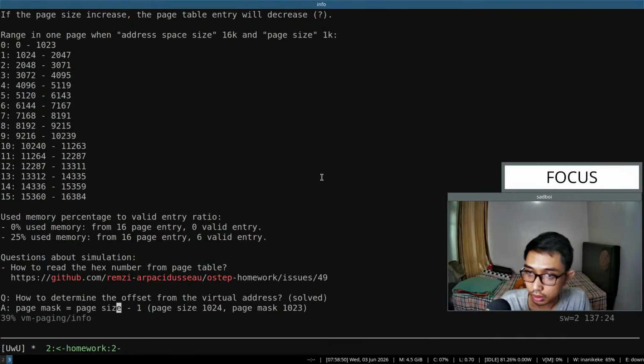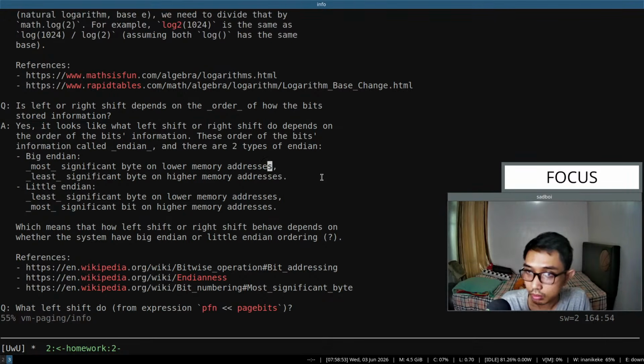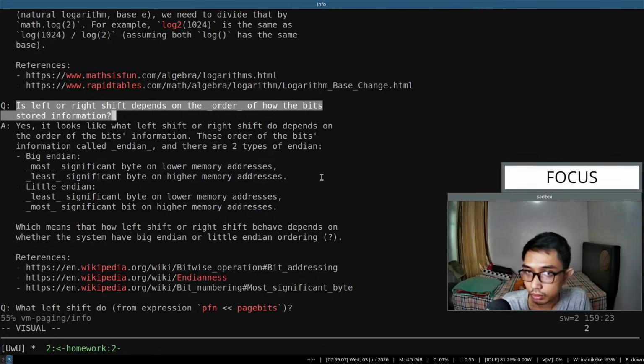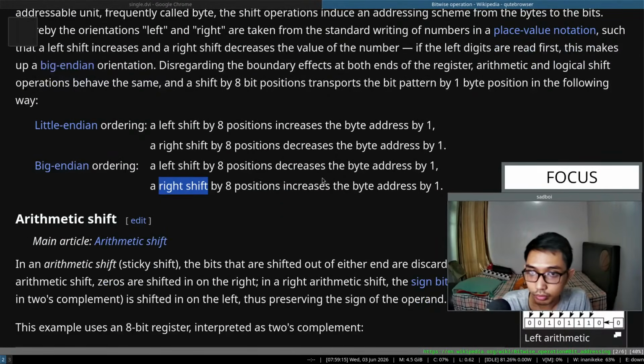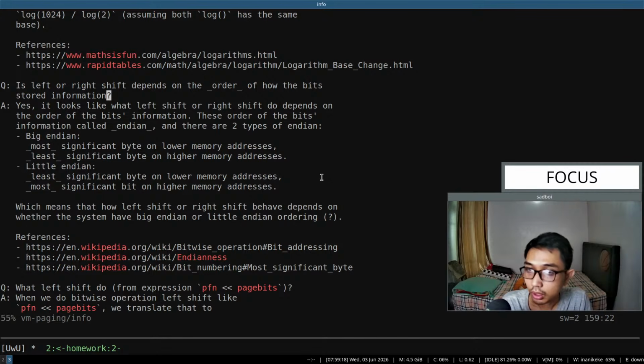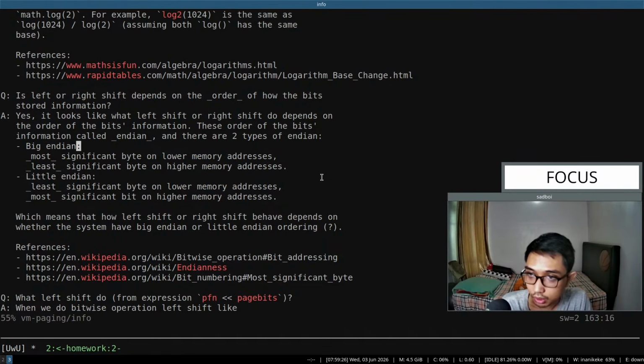Wait a minute. So does that mean left shift or right shift does not depend on the order or endianness? I mean, if I remember correctly, my machine is little endian. I'm not sure if I have big endian here.